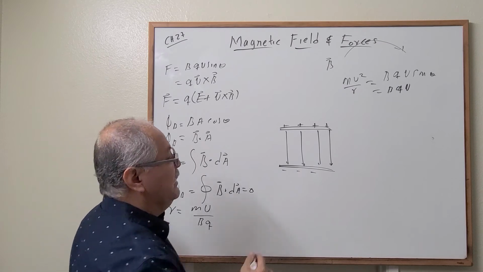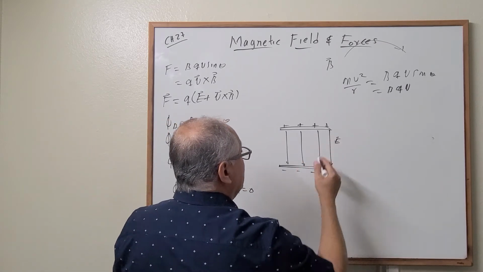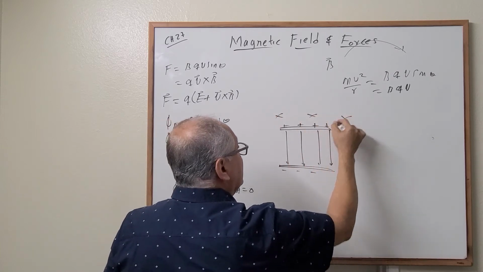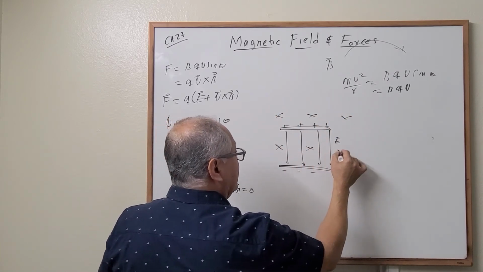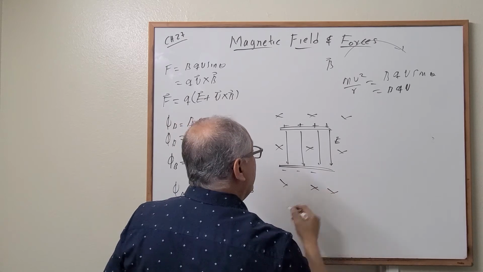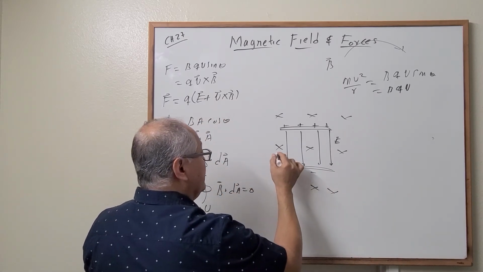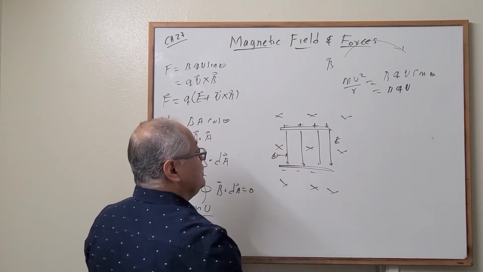Actually, it's an electric field. Now imagine that we place this capacitor inside of a magnetic field. Let's combine them. Okay, now we have a charge in this direction. Again, a charge in that direction.